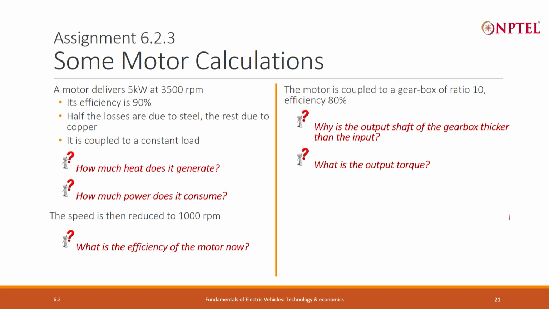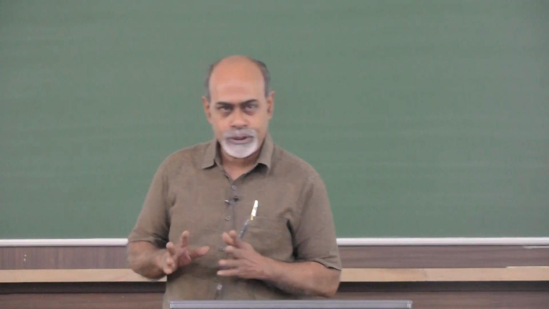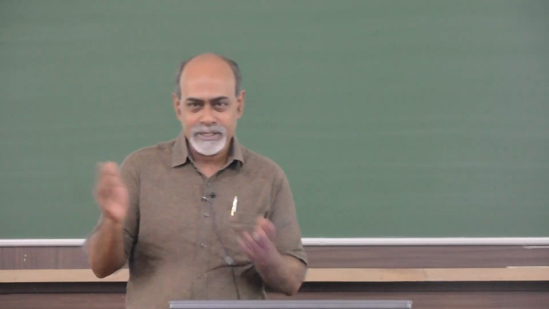One question, I do not know if you recollect, in the graphic in the previous slide, the output shaft of the gearbox was a little bit fatter than the input shaft, and the question is, why is the output shaft thicker? One reason why you should also try to answer the question is, tomorrow if you find a gearbox lying on a table and you want to know which is the input and which is the output, the easiest way to figure it out, not by rotating and seeing gear ratio and things like that, you just see which side the shaft is thinner and you know that is the input.